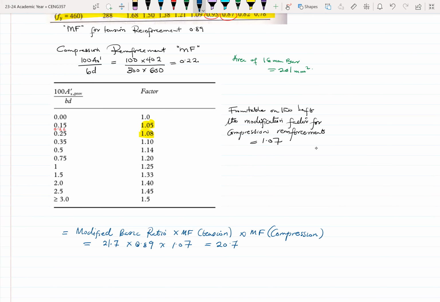So this 20.7 basically is your span to effective depth ratio. All right. So this is the limiting value, right? We cannot go above 20.7. We can go below 20.7.